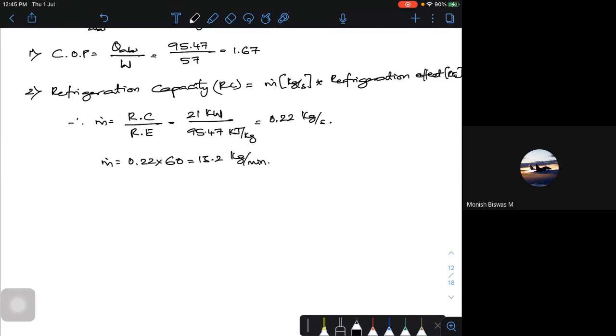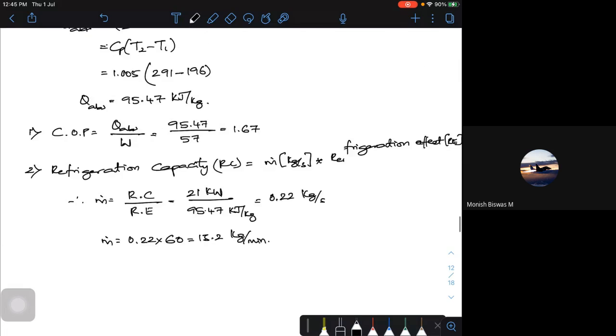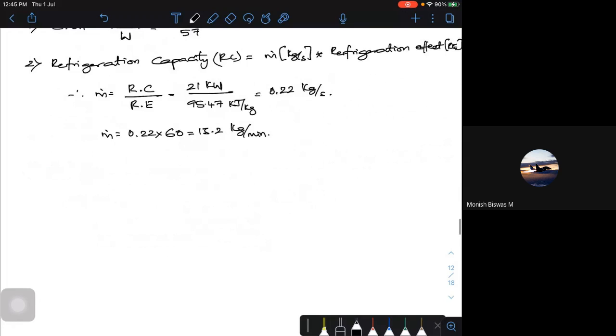Now, we need to find the corresponding expansion volumes, that is V1 and V2. Now we got the mass flow rate. To find the corresponding volumes, what we need to do? We have this equation, P1 V1 is equal to m R T1, or I can write V1 is equal to m R T1 by P1.